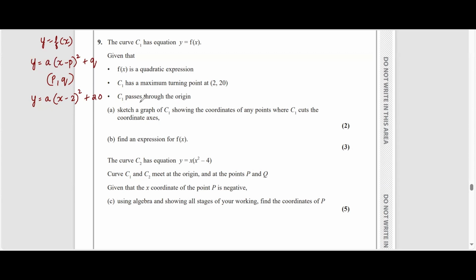It's given that it passes through the origin. Passing through the origin means substituting 0 for x and y to get the value of a. So 0 is equal to a into (0 minus 2), that is minus 2, the whole square is 4, plus 20. 20 goes to the other side: minus 20 is equal to 4a.